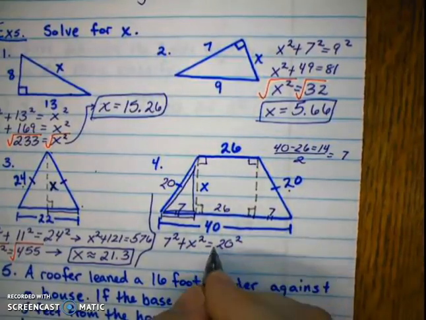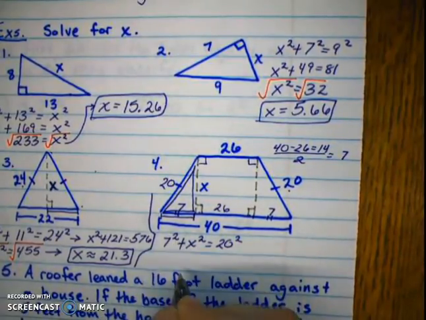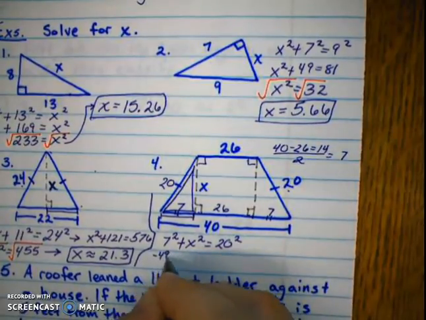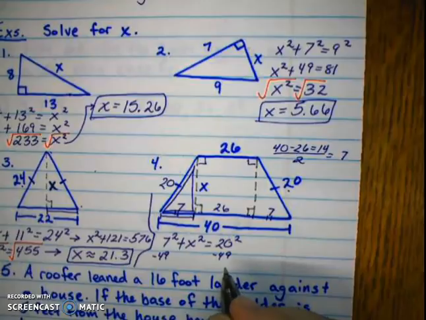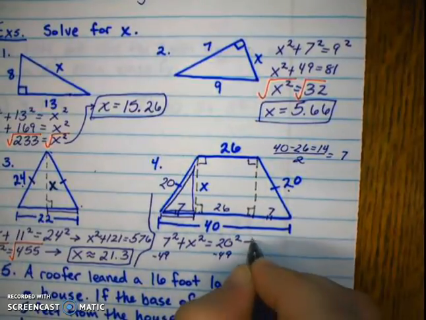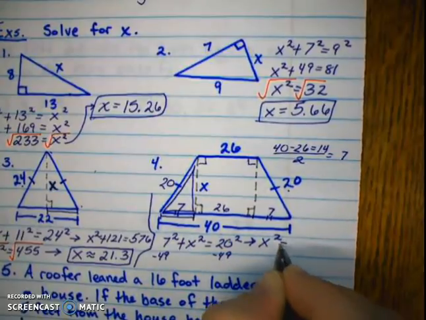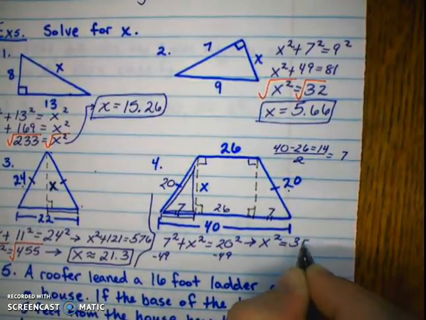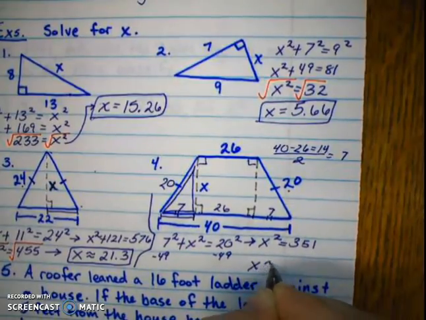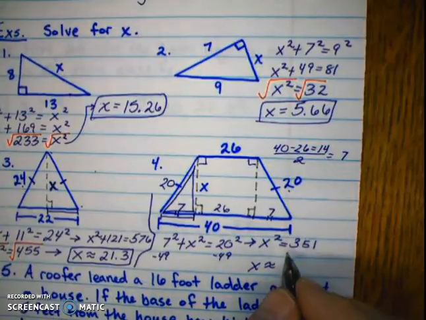And once again, we can go through and solve that. 7 squared is 49, 20 squared is 400, so we're going to subtract 49 from both sides. So x squared equals 351. We're going to take the square root of both of those to get that x is approximately 18.7.